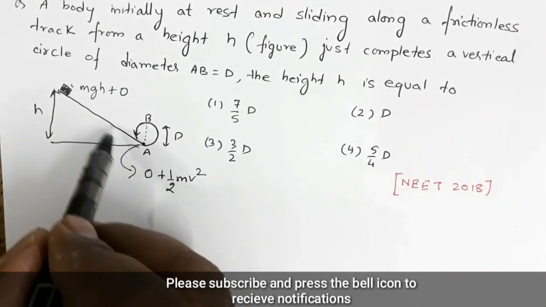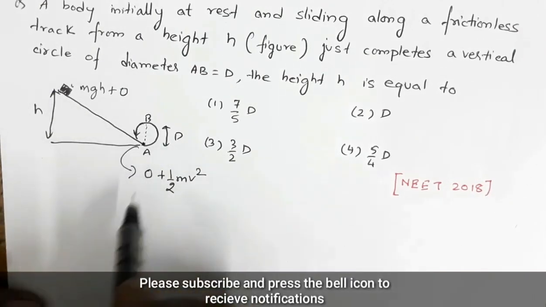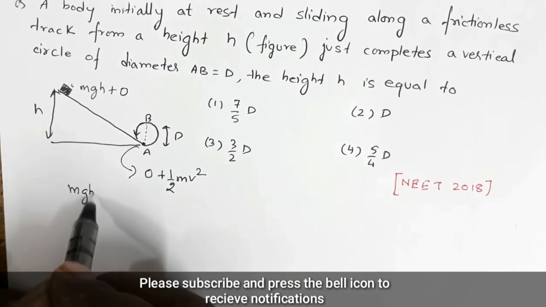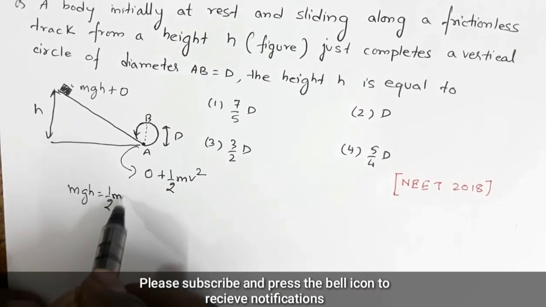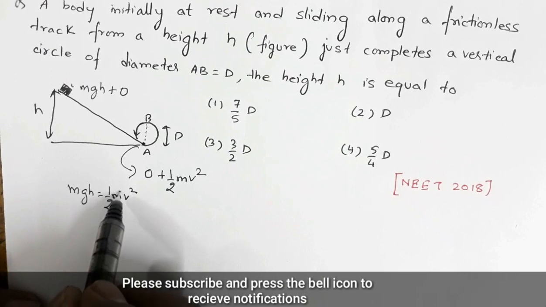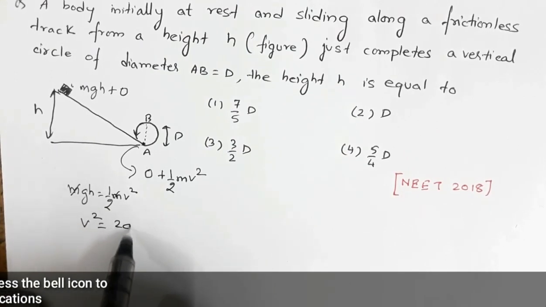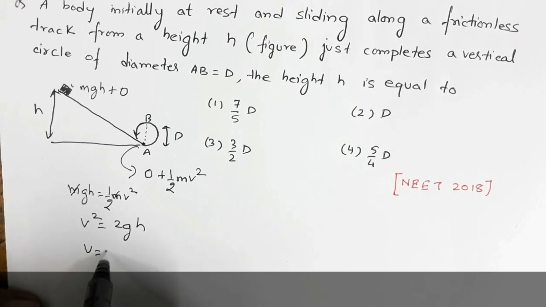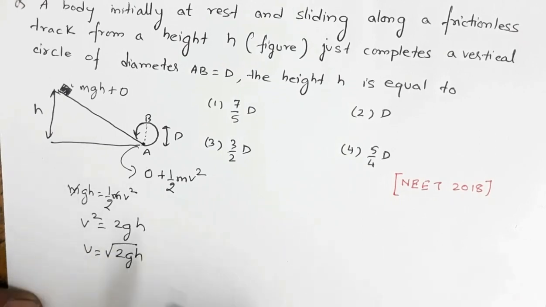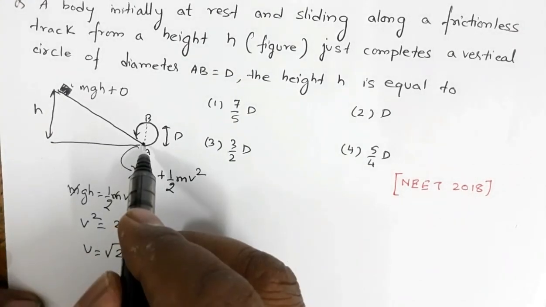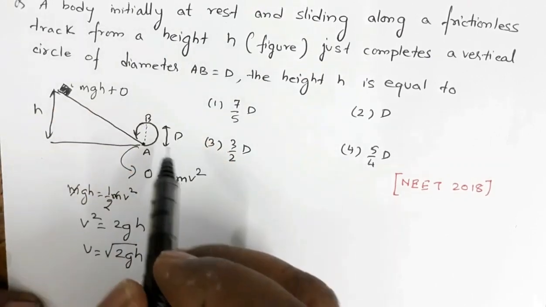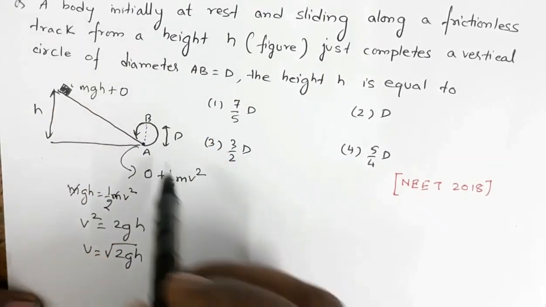So by applying the principle of conservation of energy, we can equate these two energies. So mgh is equal to half mv square. So this cancels out, so v square is equal to 2gh, or v is equal to square root of 2gh. Now this particle or this body is able to complete the vertical circle.